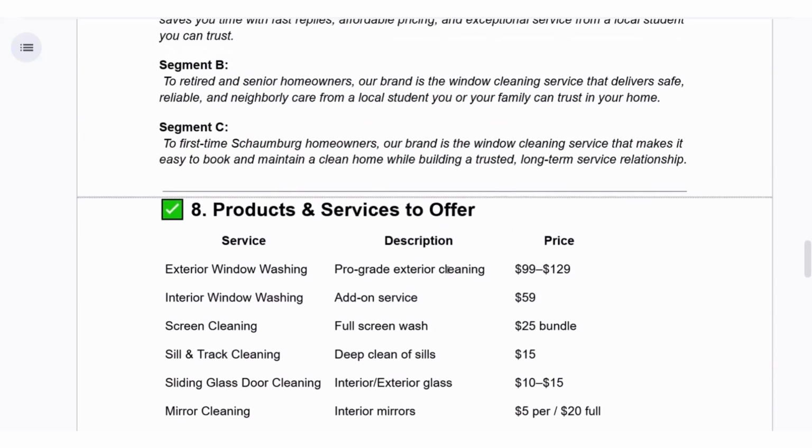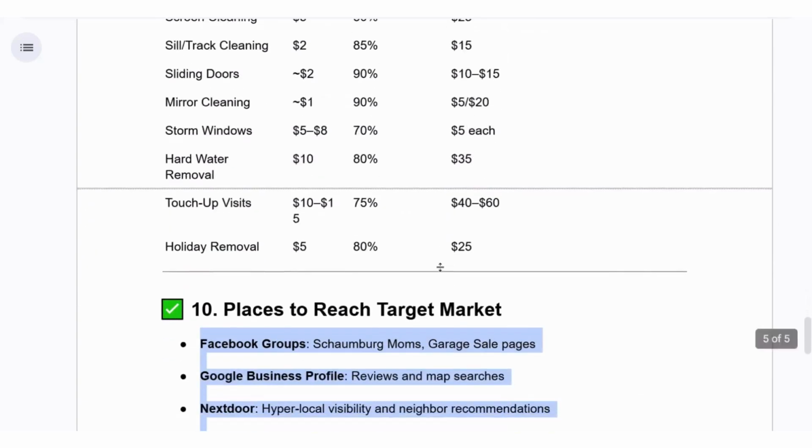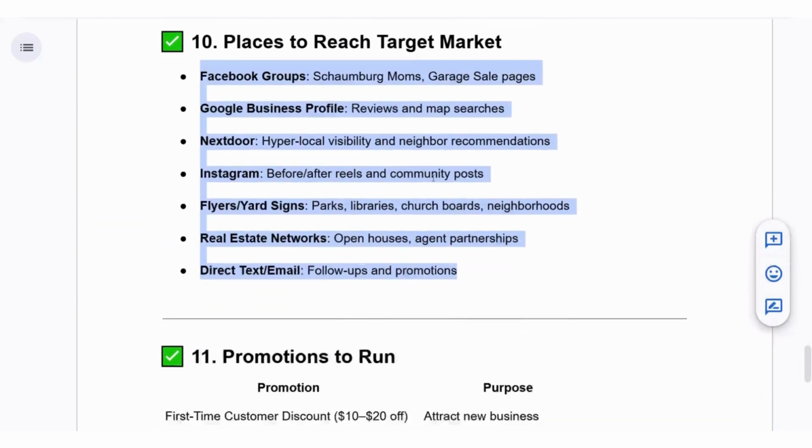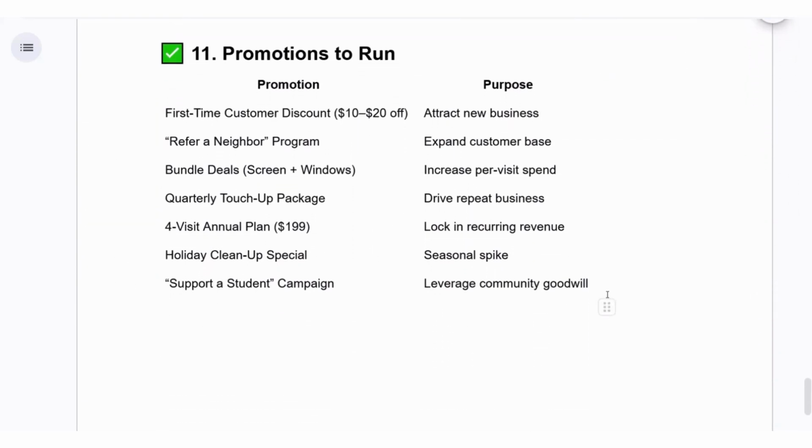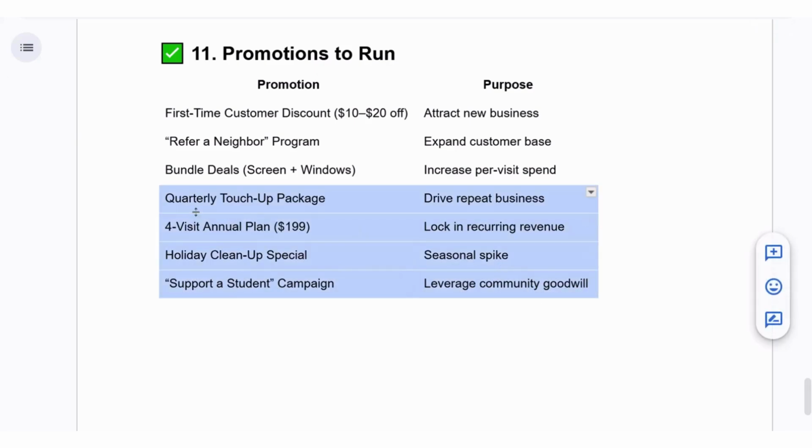So pricing, products and services, your places that you're going to reach them, and then promotions to run. And this is just a few ideas on promotions that you can offer to your clients to test when you're going to sell in person. You can see what they say to these different types of offers.